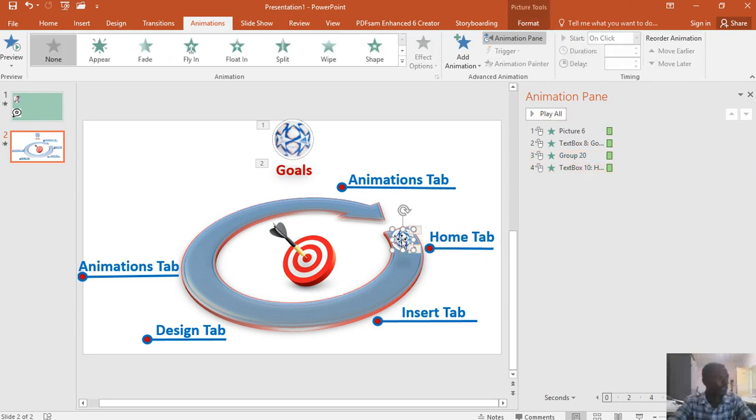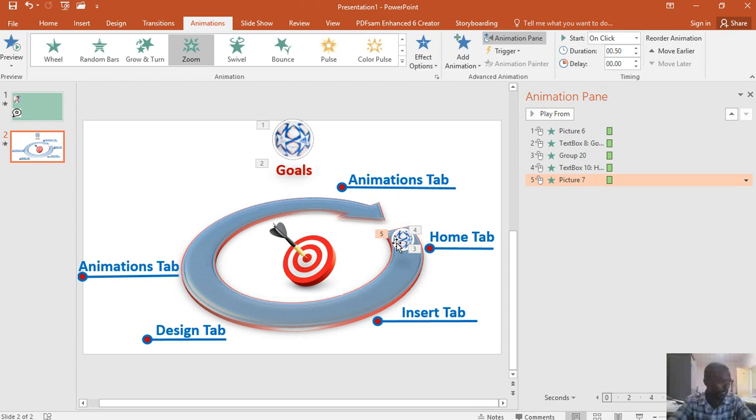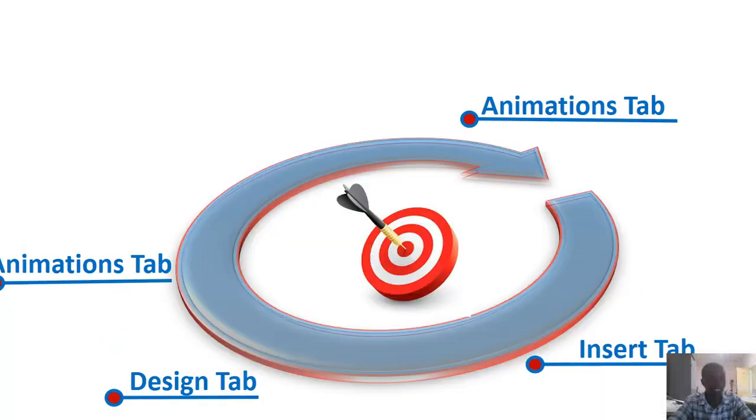So the ball must also zoom in, but it must zoom in first before these two appear, so it goes up above group 20. So we drag it to there. Let's just see what happens, right?